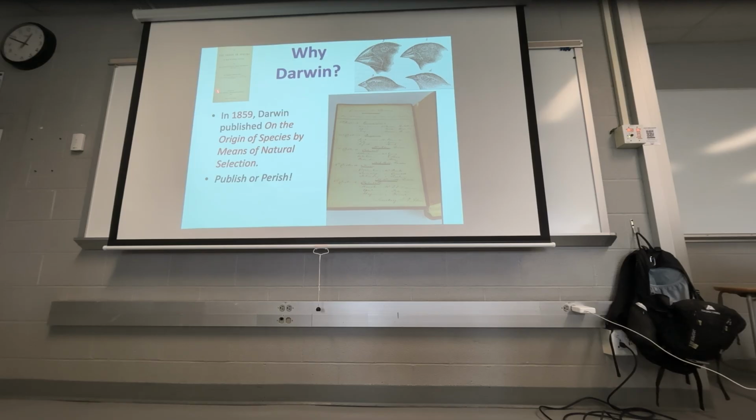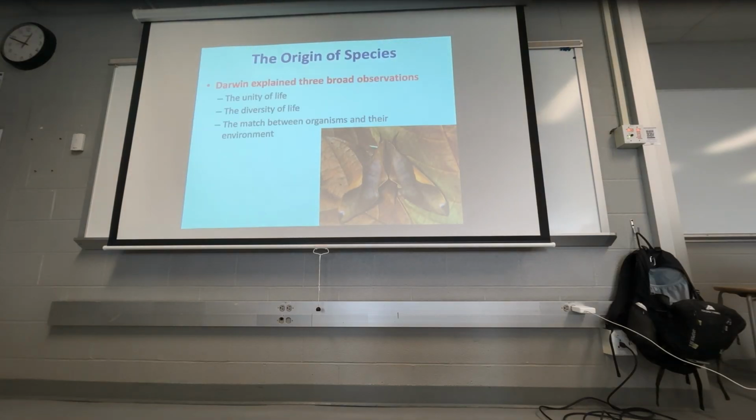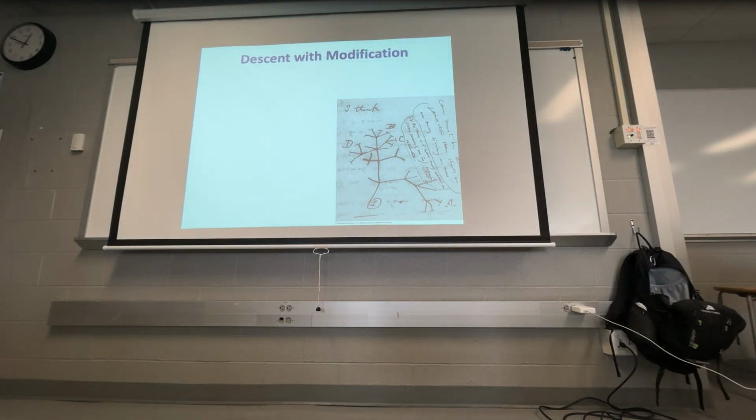So here's a picture of the front page of The Origin of Species, and these are one of the notebooks of Darwin and all of the notes that he kept. One of my favorite note pages is this one. It's a favorite of many people that are biologists, particularly people who like phylogenetics. This is the first phylogenetic tree. Darwin was kind of the godfather of phylogenetic trees too. This is the first tree that shows common ancestry. He was just writing, I love this, I think, right?